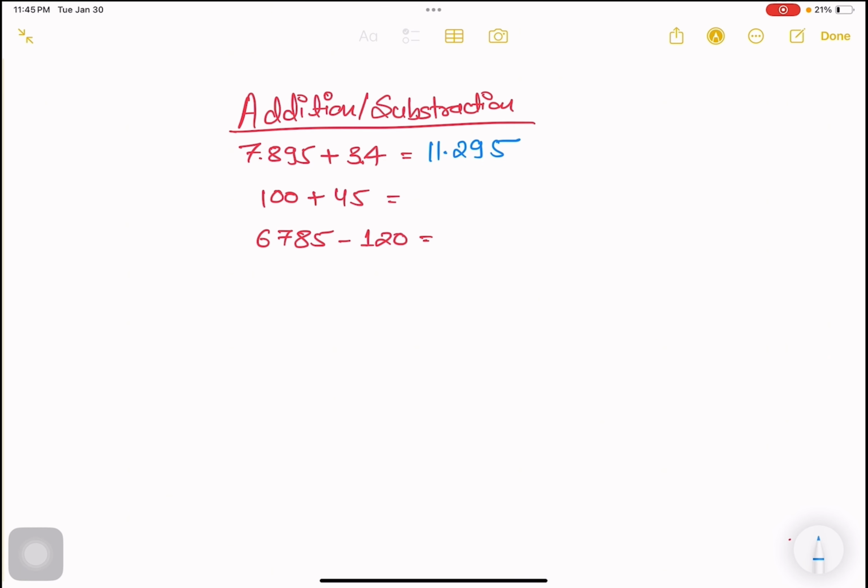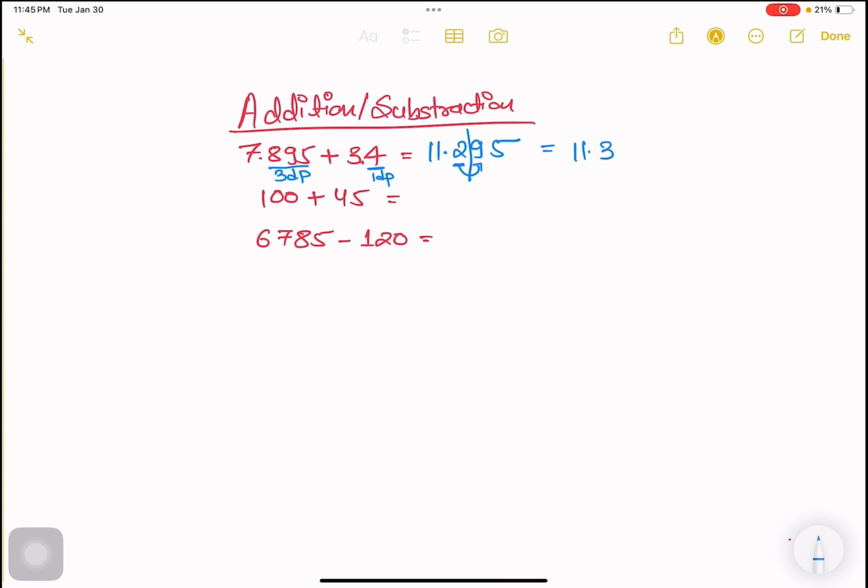So now I will look at my question. Okay, so it has 3 digits after the decimal point, and this has 1 digit after the decimal point. So my answer can have only 1 digit after the decimal point, which is here. So now I can draw a line. The next number is 9, so I will write 11.3.